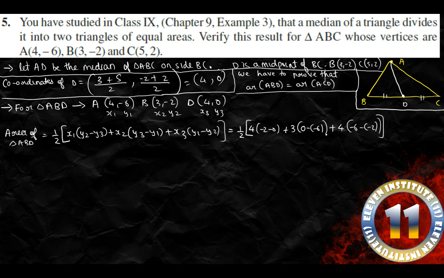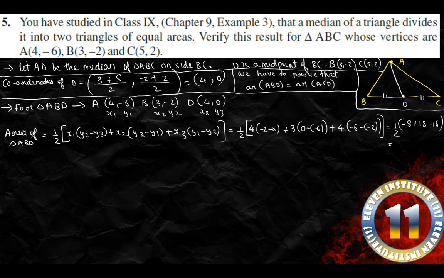વધીએ આપણે આમાં આગળ. We can write is equal to half. Minus 2 minus 0 is minus 2. Minus 2 into 4 is minus 8. Right? Next, minus minus plus 6 3s are 18. Minus 6 plus 2 is minus 4. Minus 4 into plus 4 is minus 16. 18 minus 16 is 2. 2 minus 8 is minus 6.